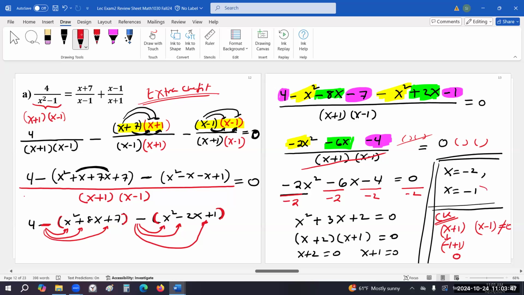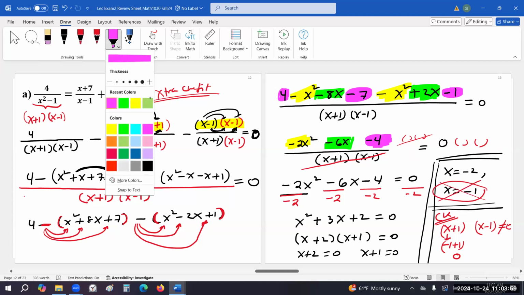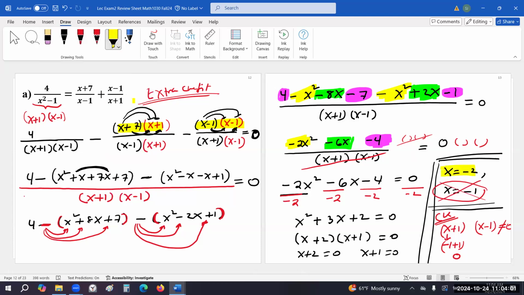So can we have negative 1 as our answer? No. Negative 1 makes the LCD 0. In other words, it makes the denominator 0. So the only solution we have is negative 2. Only solution.